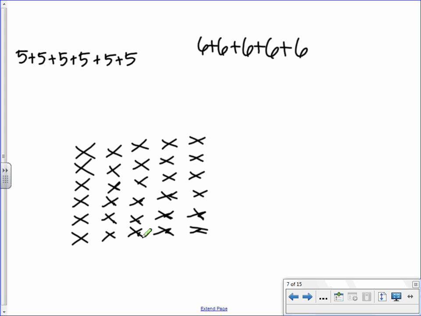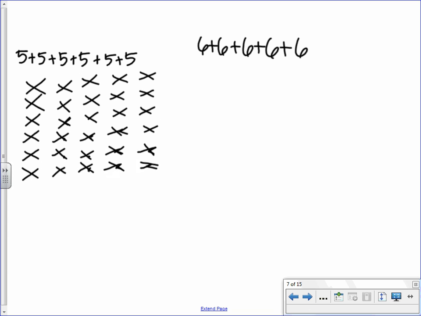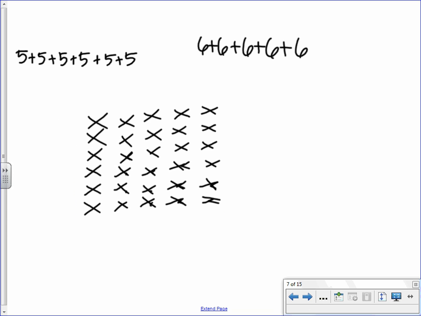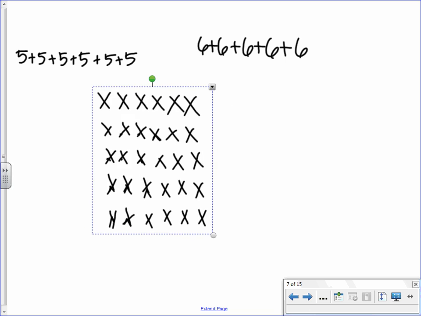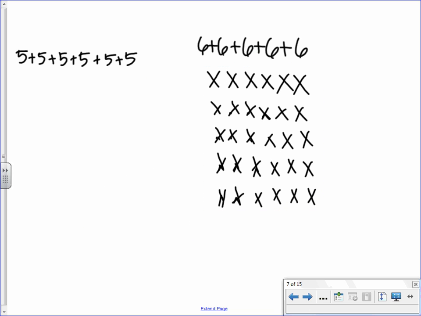So I'm getting the same answer. There are still the same number of objects there. I think it was oranges we were working with. So how many oranges does Savannah have? Whether she shows it this way, which matches this number sentence, or this way, which matches this number sentence, how many does she have?